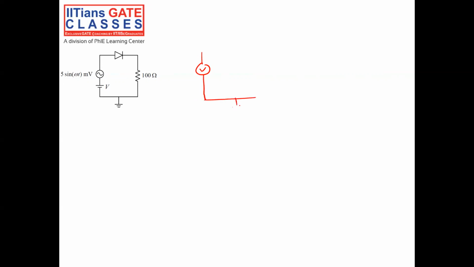Then I have a ground, then the diode. The small signal equivalent of a diode is a capacitance in parallel with a resistance. Then I have a 100 ohm.